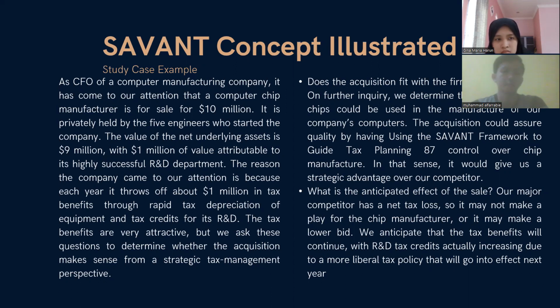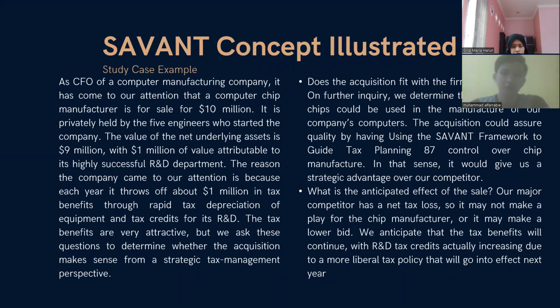For example, as the CFO of a computer manufacturing company, it has come to our attention that a computer chip manufacturer is for sale for $10 million. It is privately held by the 5 engineers who started the company.